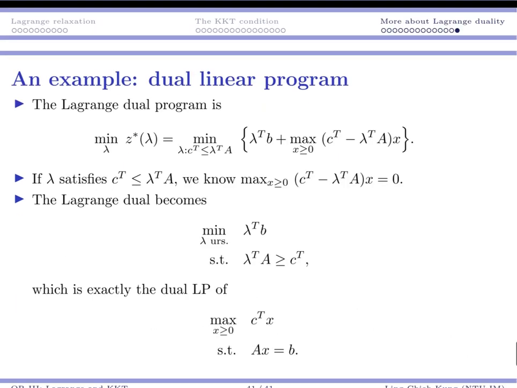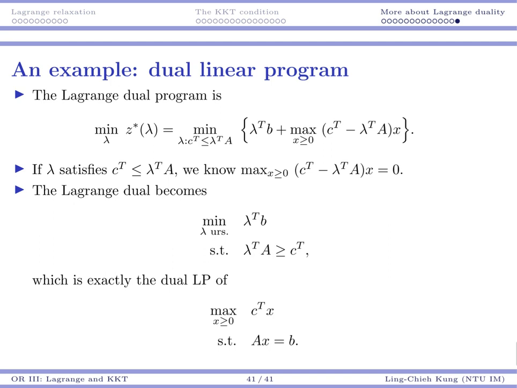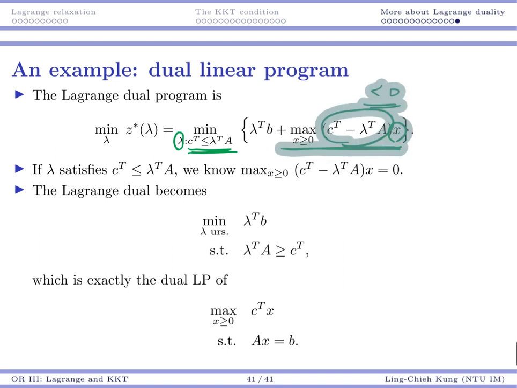That's the idea. But what's interesting is that once you choose lambda to make this happen, then for this maximization, the best thing to do is to set all your x to be 0. Why is that? Because if all the terms here are negative, then why don't you just set your x to be 0? Once that happens, this term goes away.